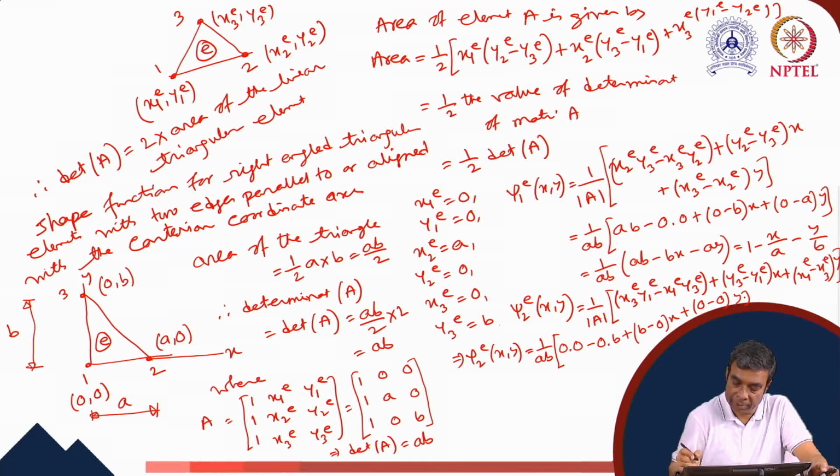So this gives us bx by ab equals x by a.